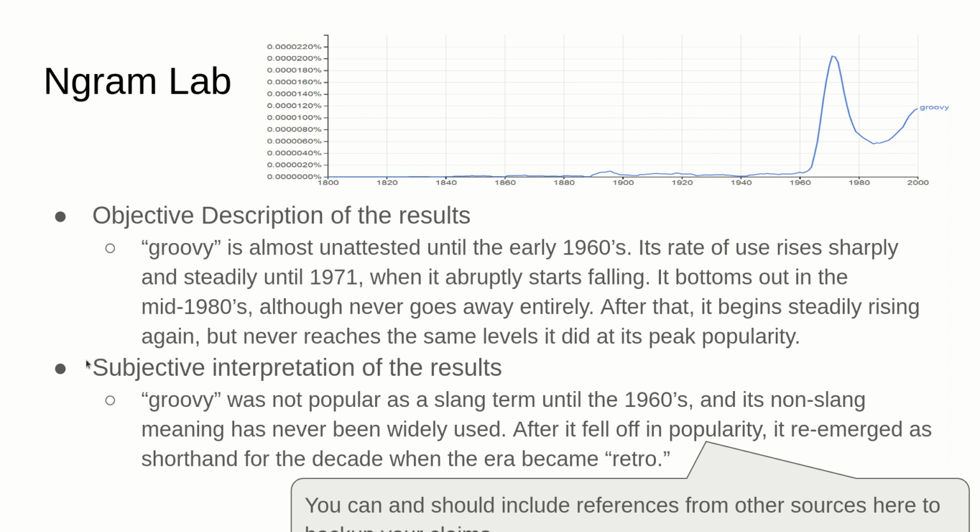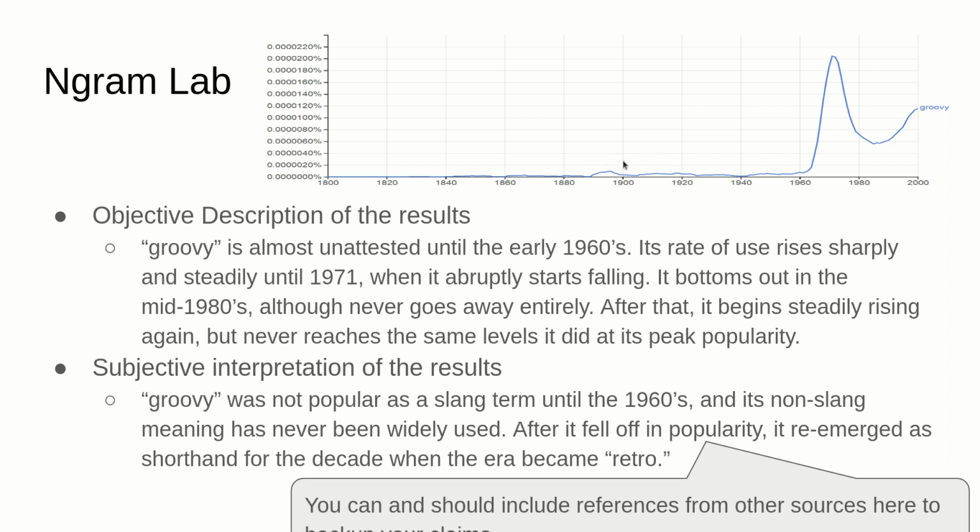Then, because we always come with our own analysis and our own conclusions and interpretation, and the goal is to do some analysis and interpretation, we go forward to do that. So here we can state things like that we think that groovy was not very popular as a slang term until the 1960s, and that its non-slang usage was never really widely used.